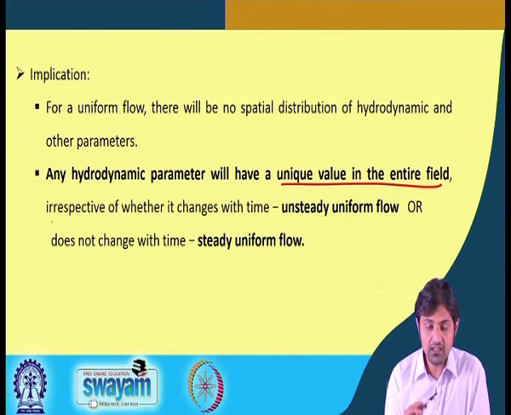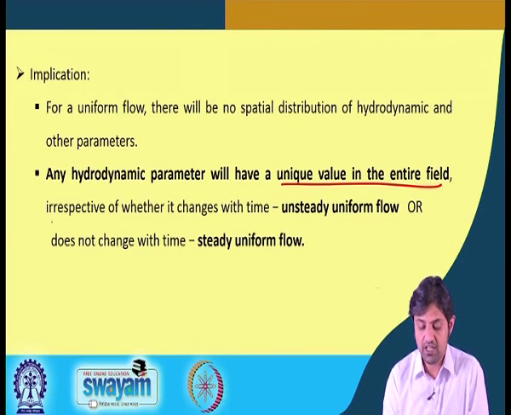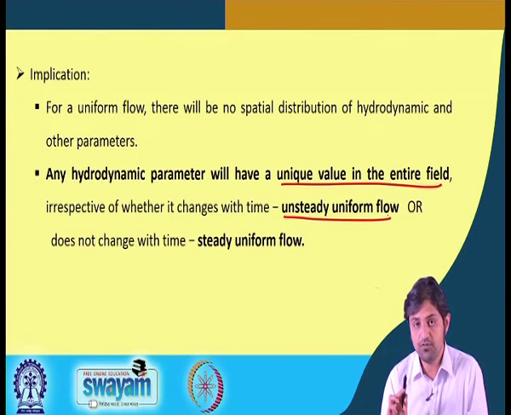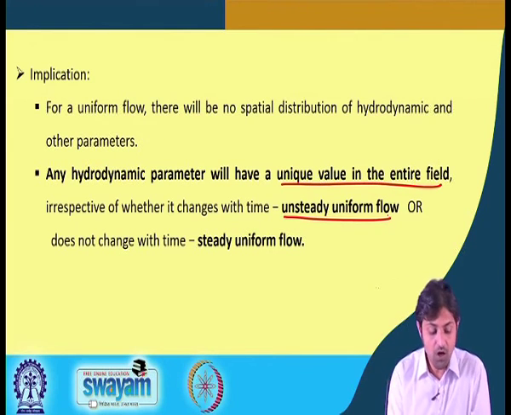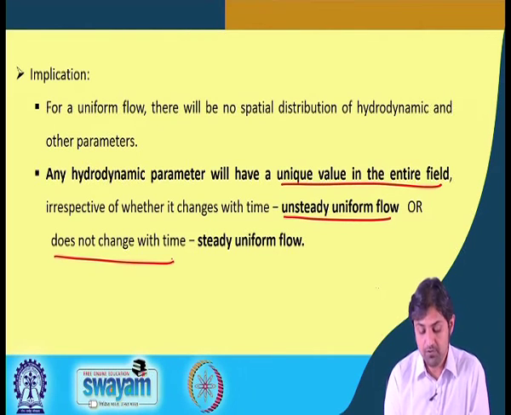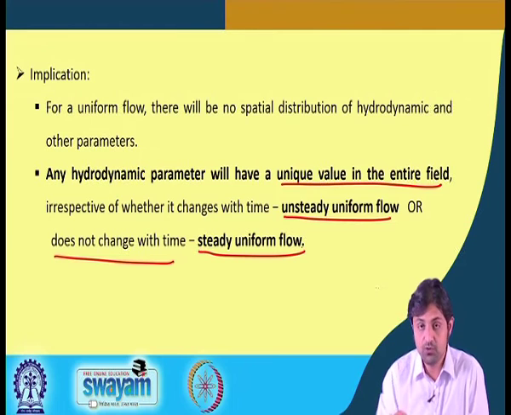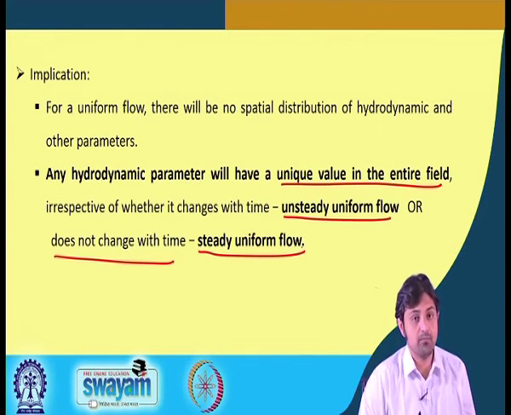So, combining the steady and unsteady with uniform and non-uniform, we can have either unsteady uniform flow, which means the velocity will be only a function of time, or actually it might not even change with time as well. This type of flow can be called steady uniform flow. So, the flow properties are neither going to change in space nor with respect to time.